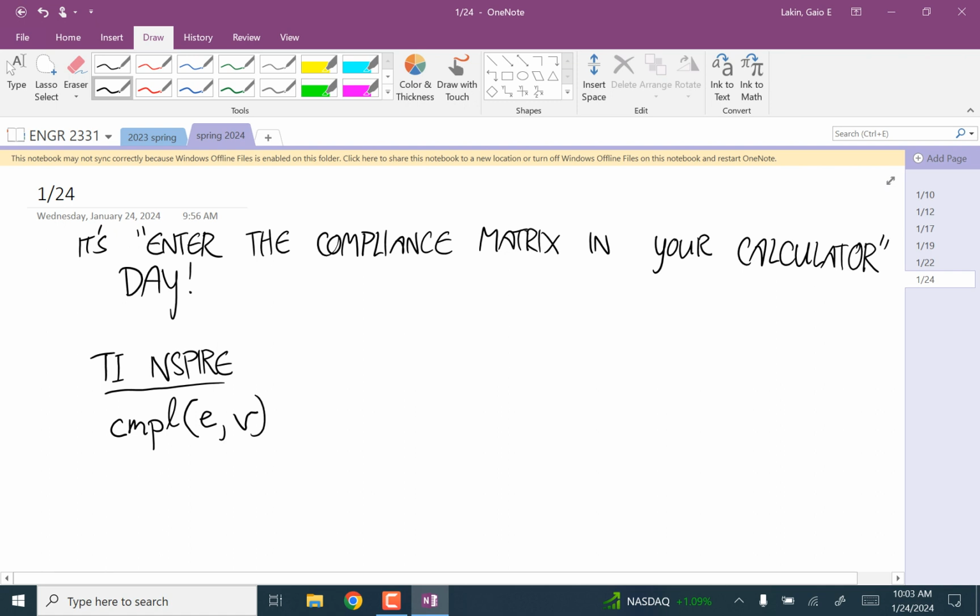EV, and then the matrix button right to the right of the 9. If you hit Control and press that button, you get something like this, and that's the function definition button.